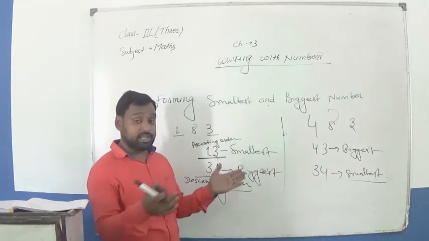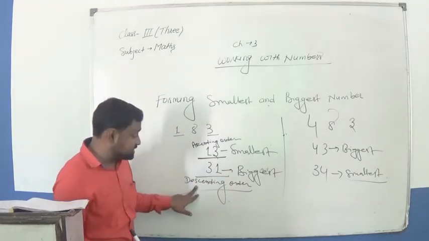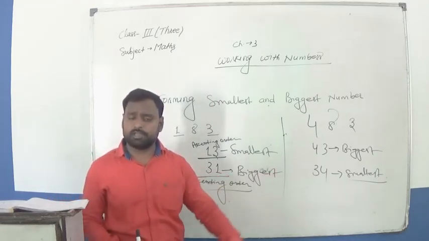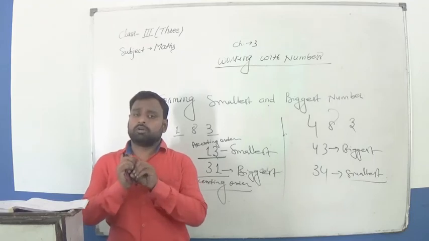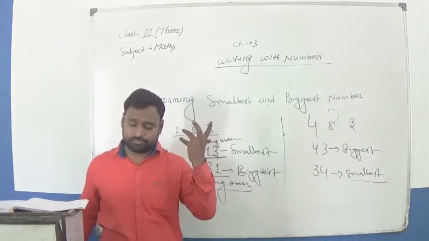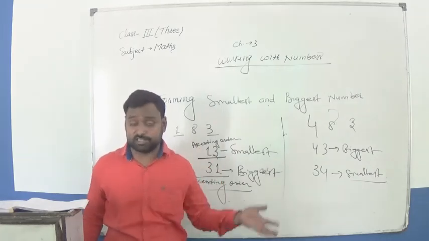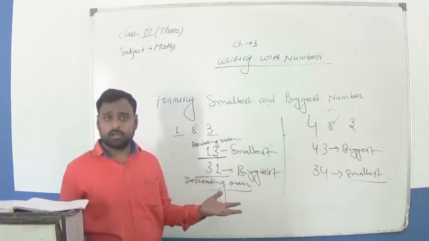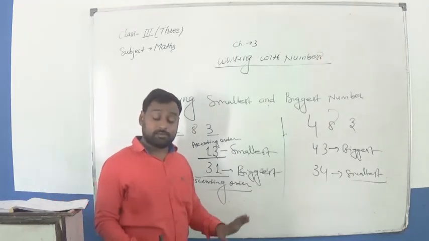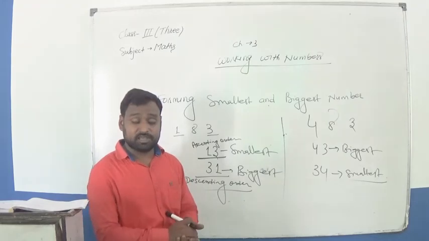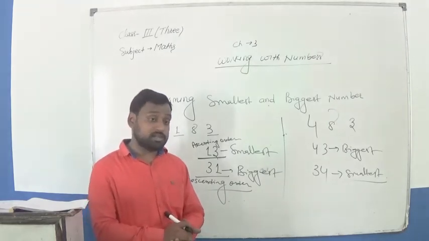And when we arrange the digits in descending order, it forms the biggest number. It can be applied to all kinds of numbers, whether it is a 4-digit, 3-digit, 6-digit or 7-digit number. Always we have to keep this point in our mind during formation of smallest and biggest numbers: the arrangement of the digits.